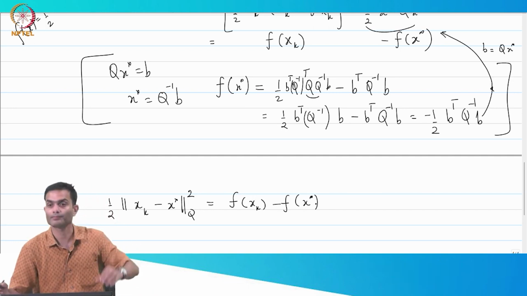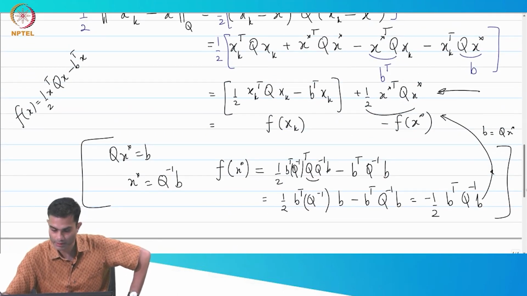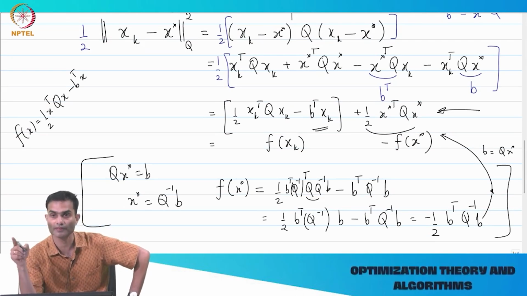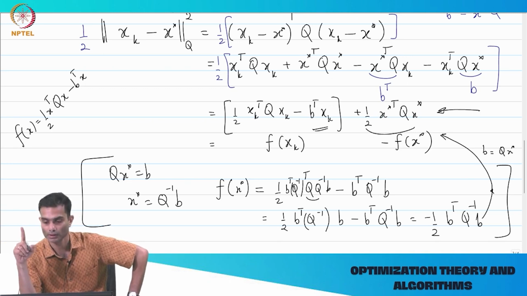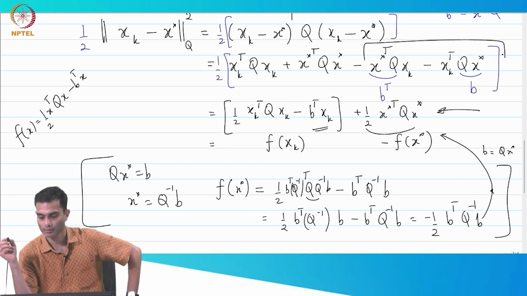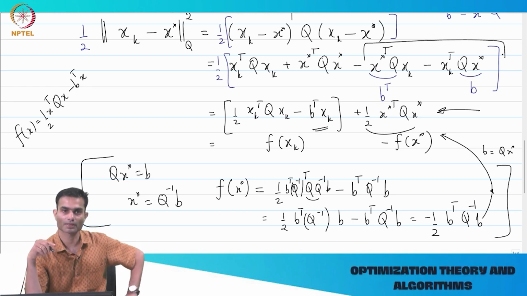Okay. Yeah, question. The B xk term here, there were 2 of them, then they got multiplied by half, so the coefficient became 1. The term number 3 and term number 4: A transpose B is equal to, I can swap it, B transpose A. That's how I got this.